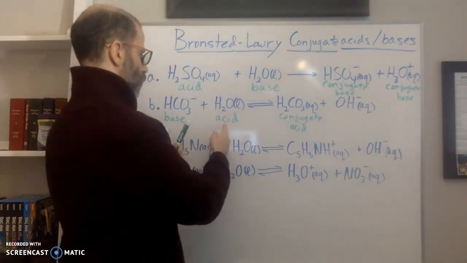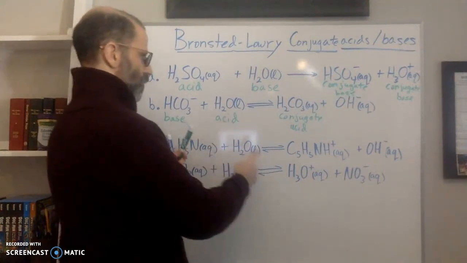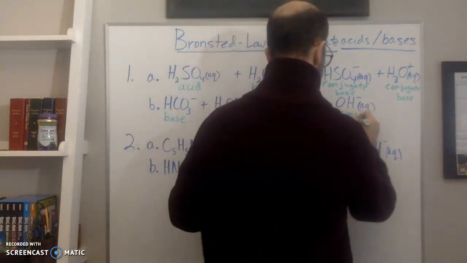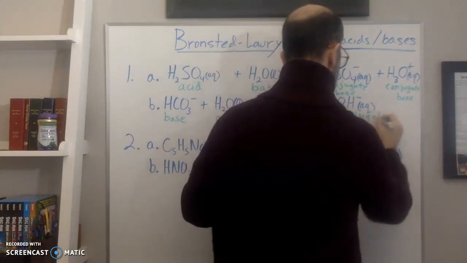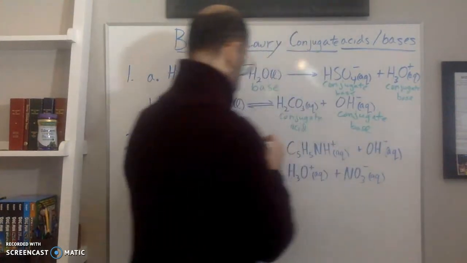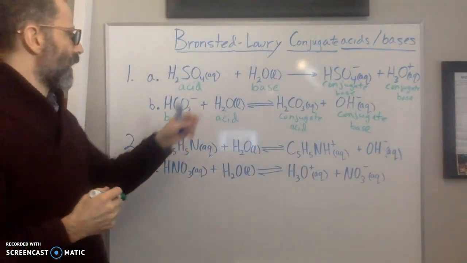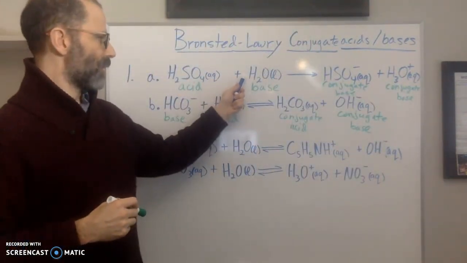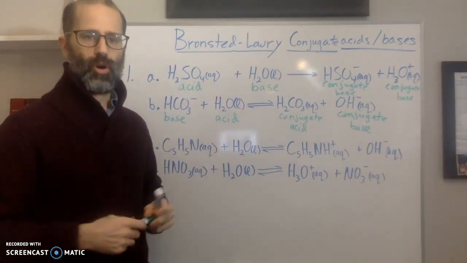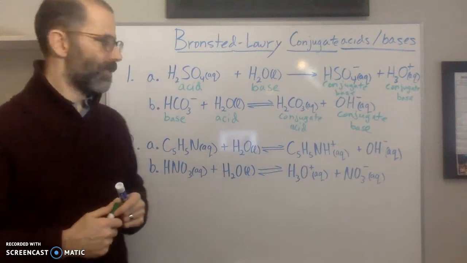So this is the acid, and therefore this is the conjugate base, the hydroxide ion. In this case, water is acting as a base. In this case, water is acting as an acid, and that's what we call amphoteric.